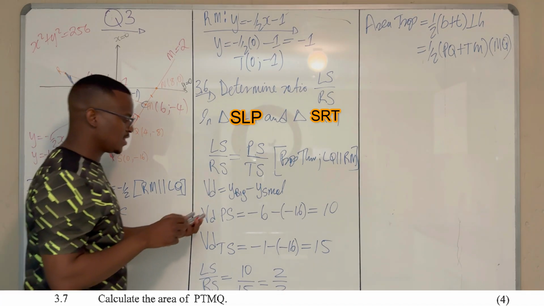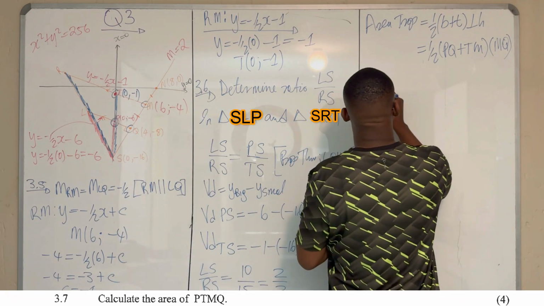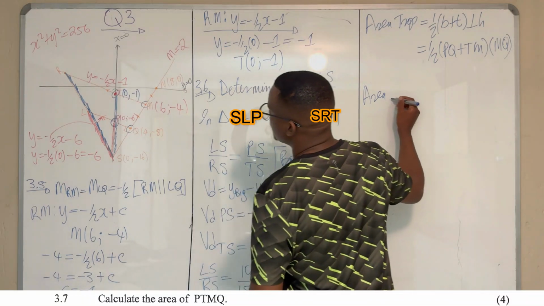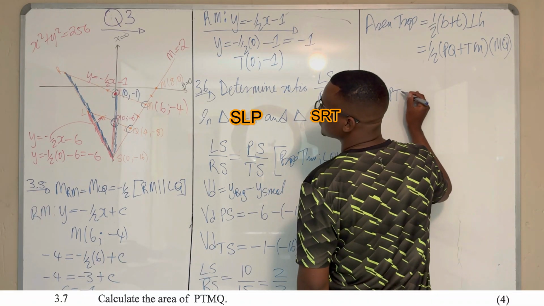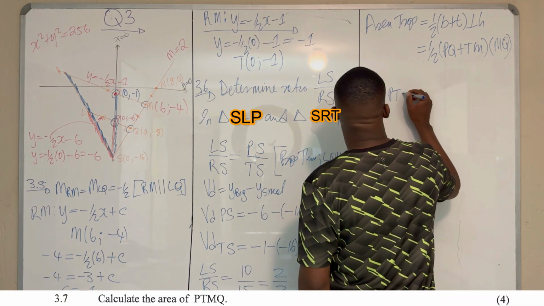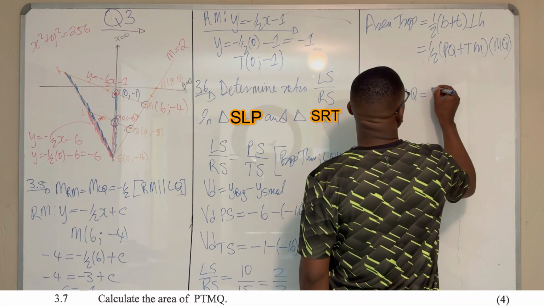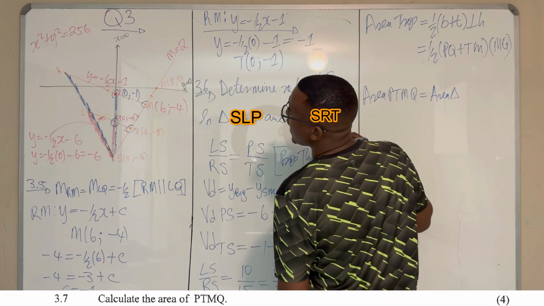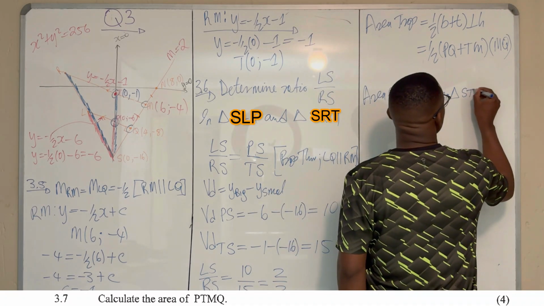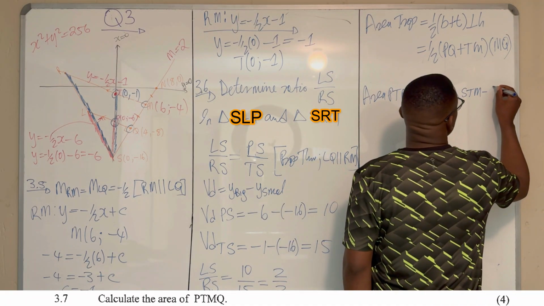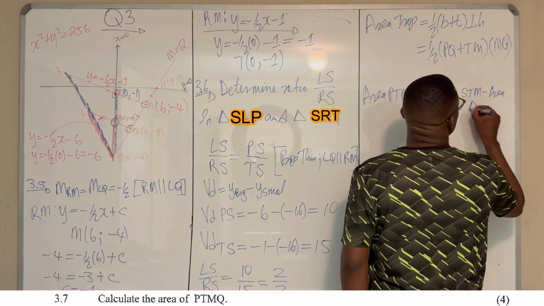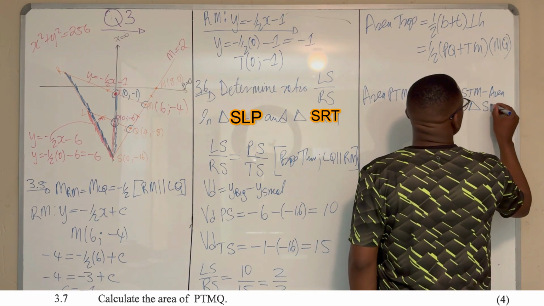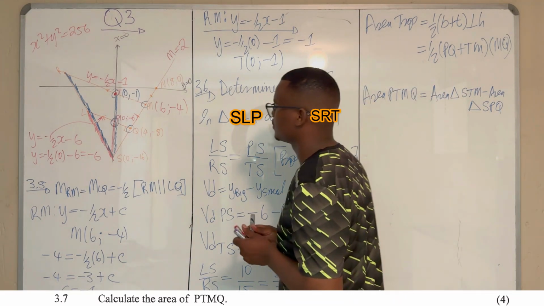So another way you can say, our area of what? Of PTMQ. Call it the area of triangle STM minus the area of triangle SPQ, should come out.